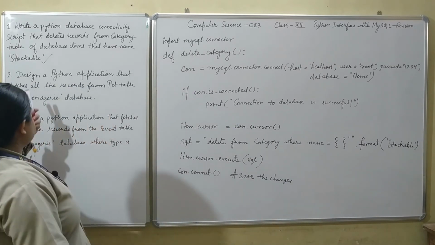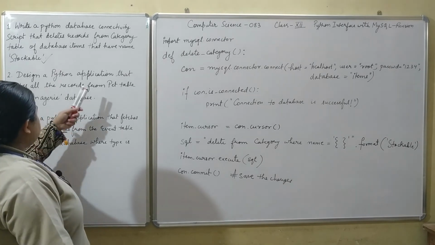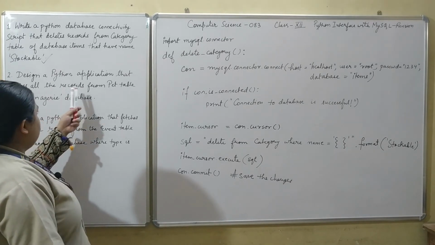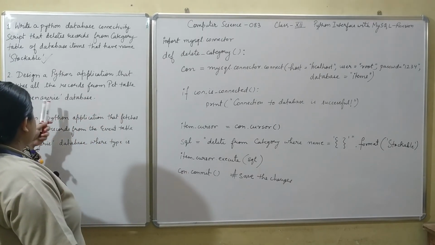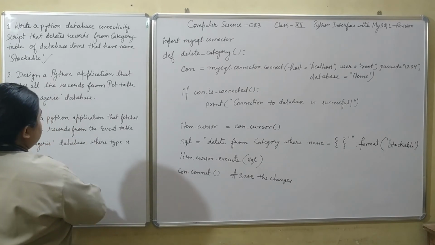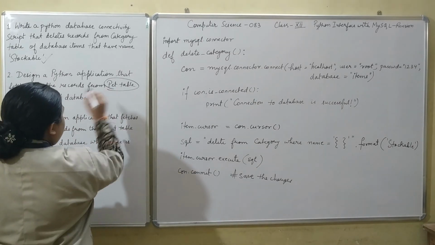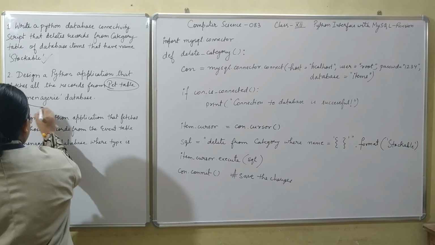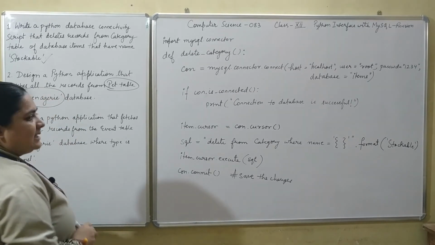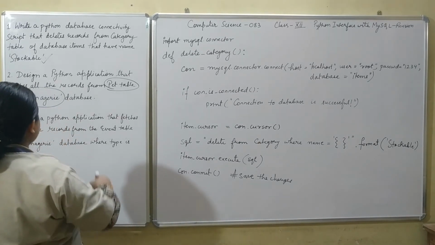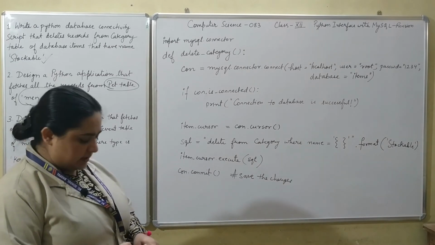Now we come to our second question. Design a Python application that fetches all the records from PET table of menagerie database. So name of the table is what? It is PET, and the name of the database is what? Menagerie. And you are going to fetch all the records from this table.